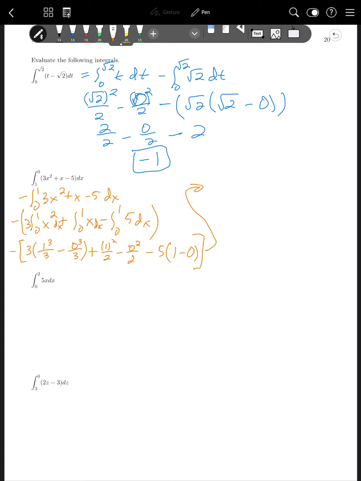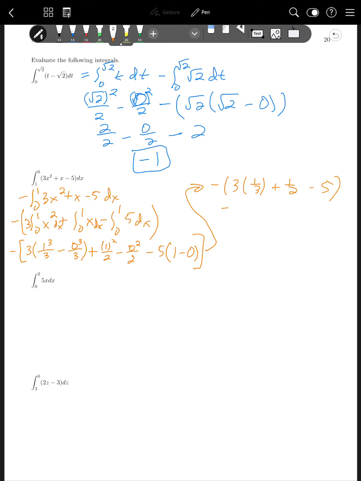Okay, now we can simplify each one of those. So this is going to be the opposite of 3 times 1/3 plus 1/2 minus 5. And then we just simplify.